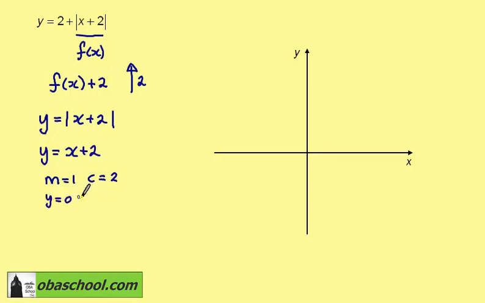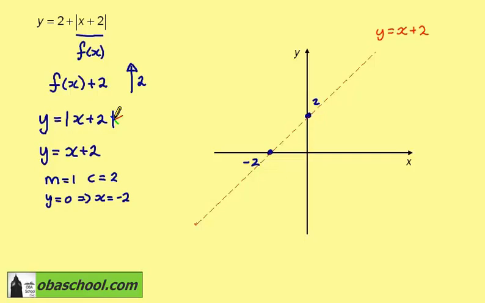If y is equal to 0 on the x-axis, we know that x must be minus 2. So our line goes through the point (0, 2) and the point (-2, 0). We can now draw the straight line through these 2 points. And of course, we should label it.